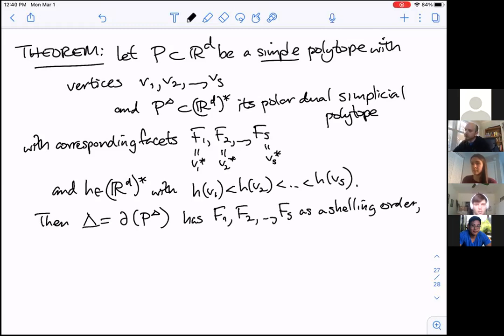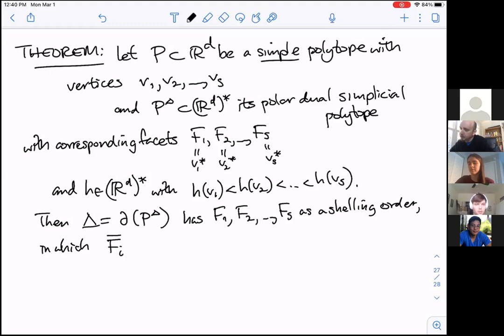And we can be really specific about what the intersections of facets with the previously shelled subcomplex look like, and what those faces G_i when we do the partitioning look like. They have to do with H upward and downward walls of the facets. So let's be specific.